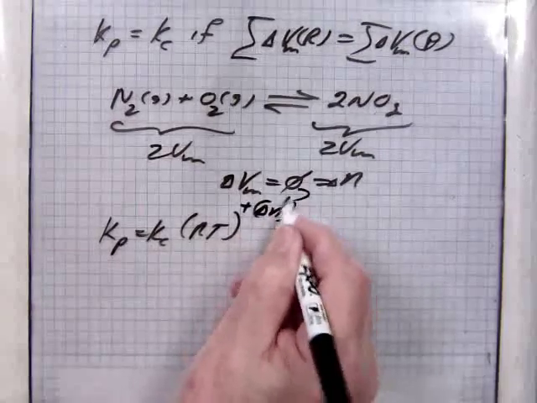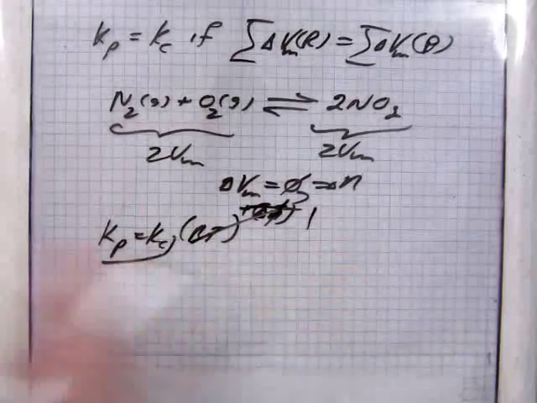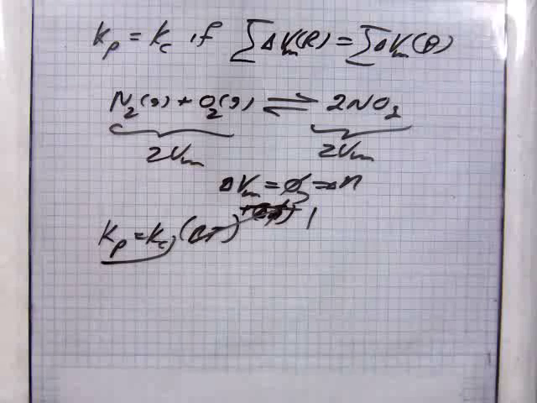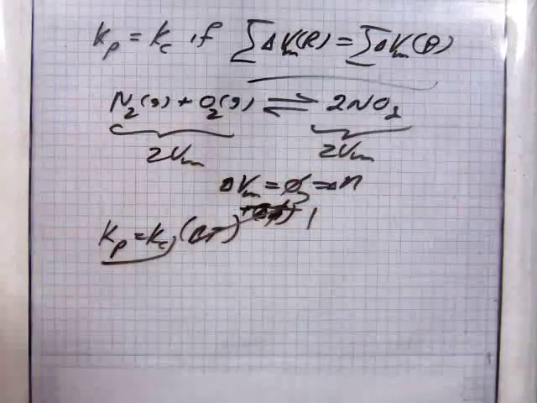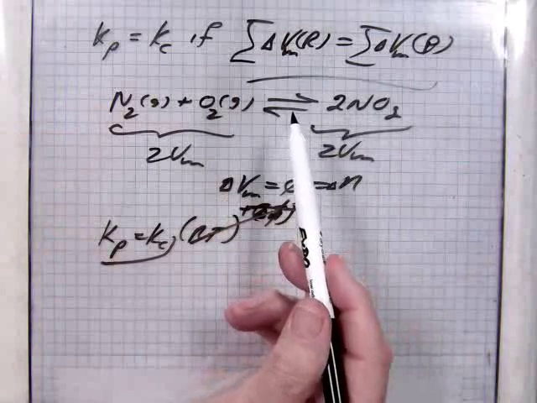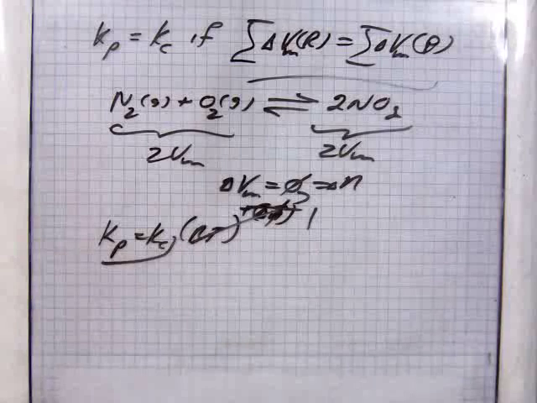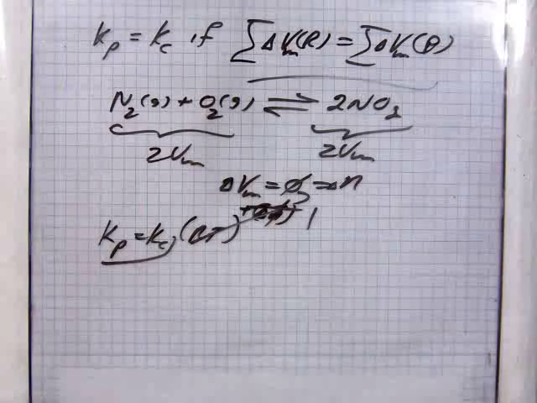If that's a 0 right there, this term goes to 1 and Kp equals Kc. That's why I say it's the only condition. But if these are different, like in equation 1, you have a compression there, 3 on the left, 2 on the right. You can't say Kp equals Kc there. But in 2 and 3, the molar volumes on the left equal the molar volumes on the right. So D is the choice in that one.